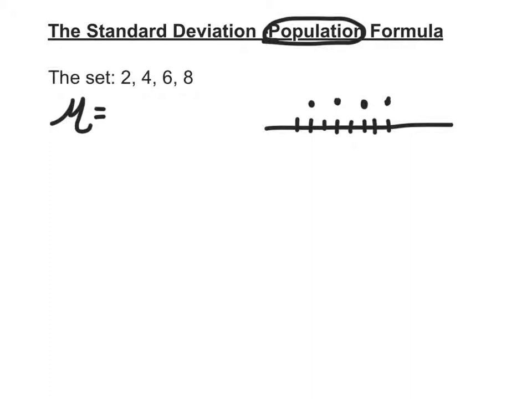The population mean is 20 divided by 4, which is 5. So if we take a look where that mean falls on our picture, the mean's right here. So the idea about variance and standard deviation is basically that standard deviation is the average distance away from the mean.